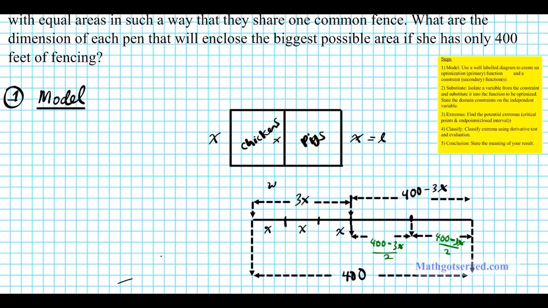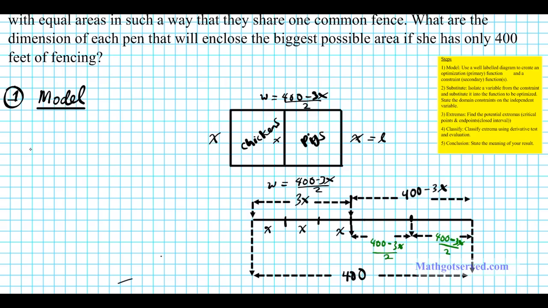Okay, so based on this setup, we know that our width is going to be 400 minus 3x over 2 on the bottom, and then also on the top is also 400 minus 3x over 2. If you combine all these side lengths together, you should end up with 400. Alright, so now we have the graph set up.